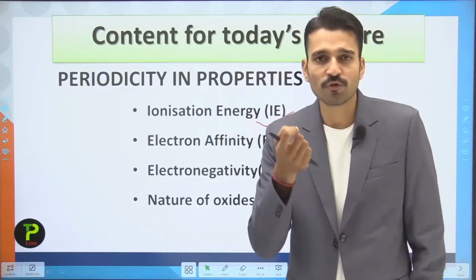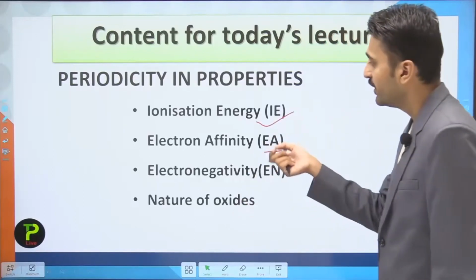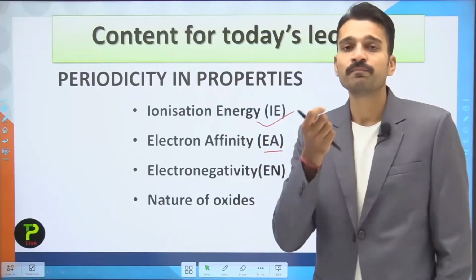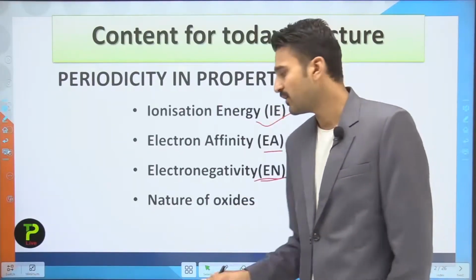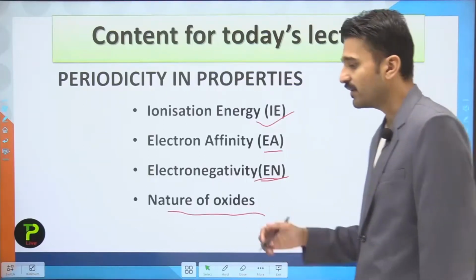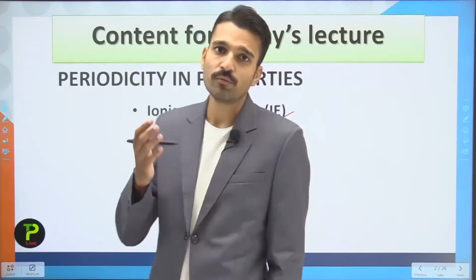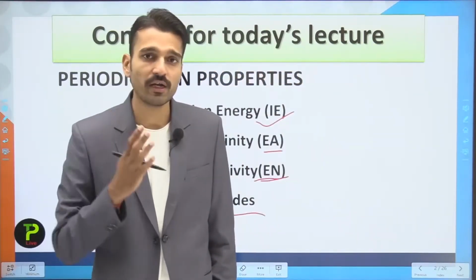I am also going to tell you the difference between electron affinity, electron gain enthalpy and electronegativity. At last we will see the nature of oxides and how it is affected as we move across the period or down the group.